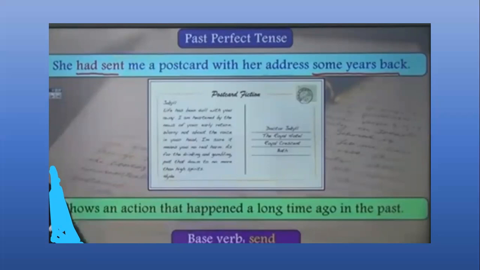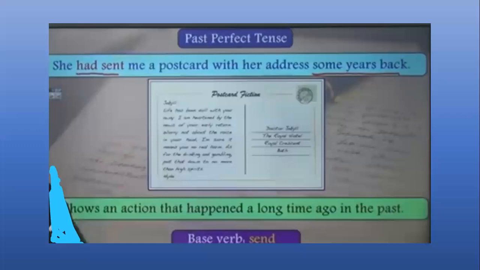So just make sentences with after and had, after and before. We have already seen the examples. Now, by the time the police arrived, listen to me, by the time the police arrived, the thief had escaped.